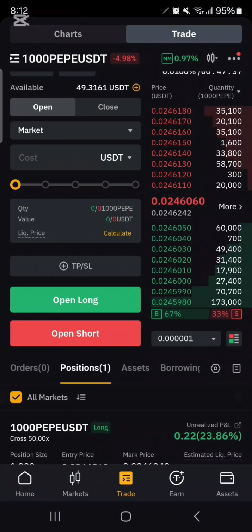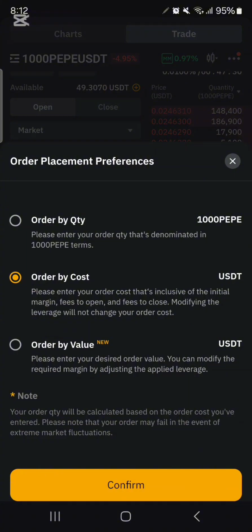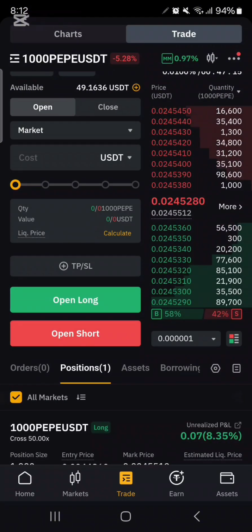Now, when you do that, for this USDT, you have 3 options, which is order by quantity, order by cost, order by value. What we need is order by cost. Now, after you've done this, confirm. Then here you will be able to understand what amount of margin you are using to trade.